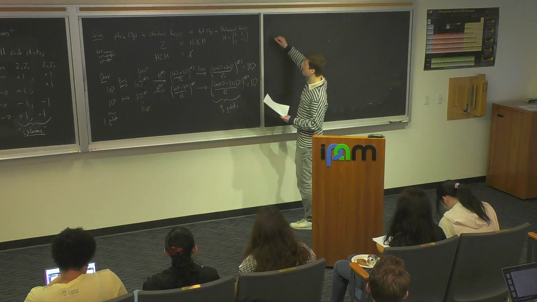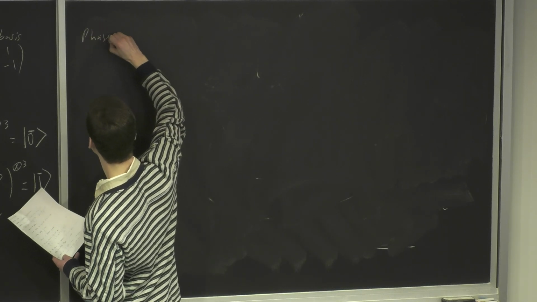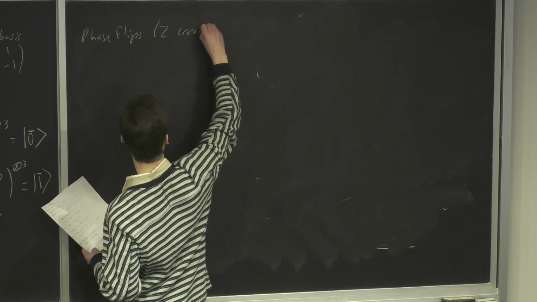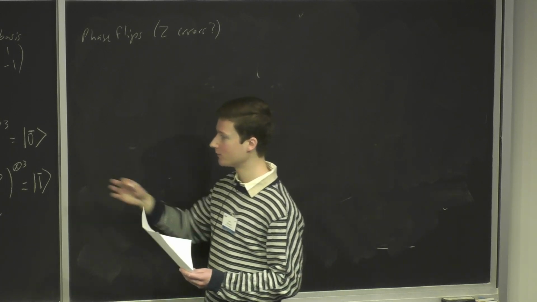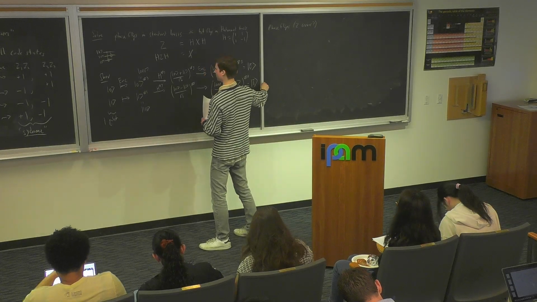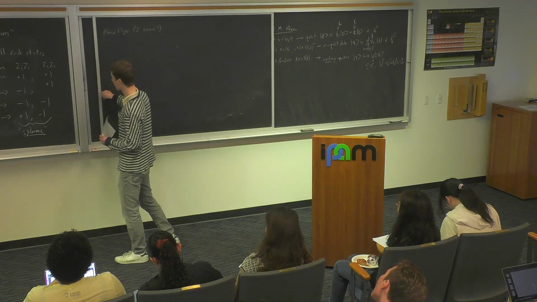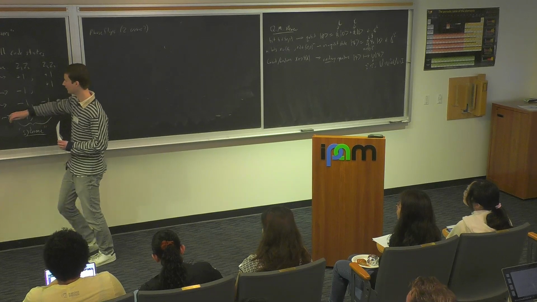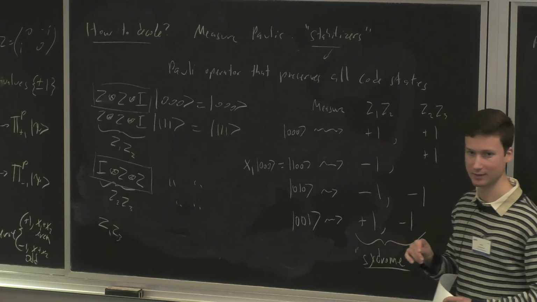Oh, great. So there's still the question of phase flips. We've only seen how to correct bit flip errors. So phase flips are Z errors. And what we've seen here is that if we have a bit flip, an X error, we want to measure Z stabilizers.